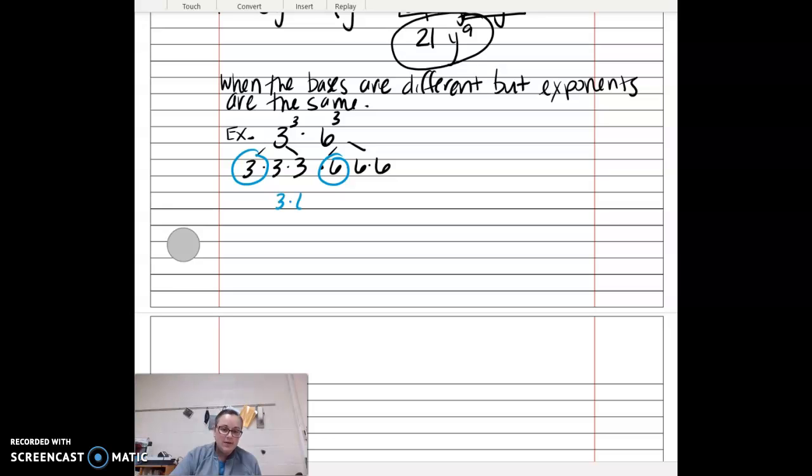So I'd have a 3 times 6 here. Oh wait, but then I have another 3 times 6. And then I have another 3 times 6. So really, I'm multiplying these two together, and then I have 3 of them. So I could write this as 3 times 6 to the third power. And then 3 times 6 is 18 to the third power.